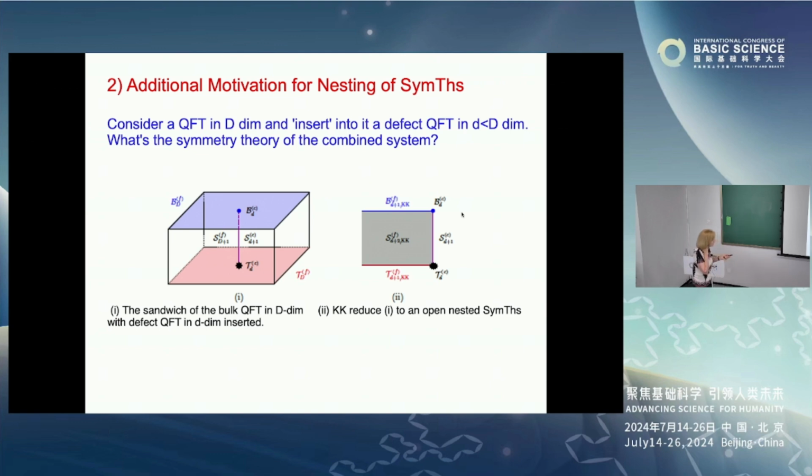Typically, it's natural to compactify these directions in the bigger quantum field theory to just one dimension higher than the dimension of the field theory of the defect.